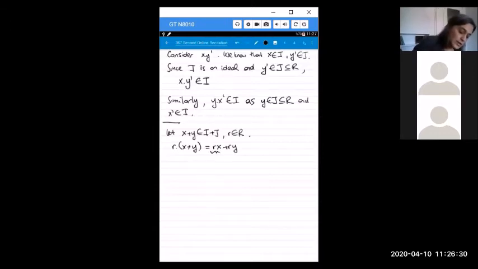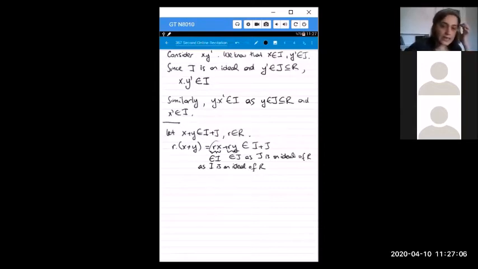So if we consider r times x here, r is an arbitrary element from ring R, x is an element from I. This means that this lies in I, as I is an ideal of R, and the second part lies in J, as J is an ideal. Okay, so we have an element from I plus an element from J, meaning that r times (x plus y) lies in I plus J.